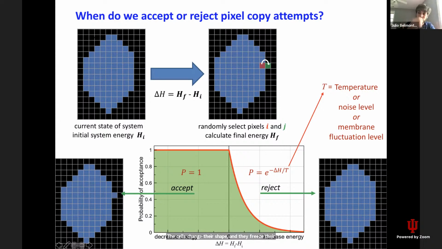So actually, you want to do a simulation where you accept some pixel copy attempts that drive the energy of your system higher, because that allows the cells to move and not die in the simulation. You want to allow the cells to fluctuate around their target properties.